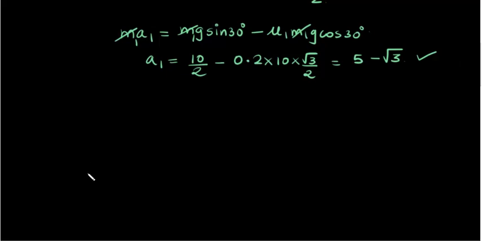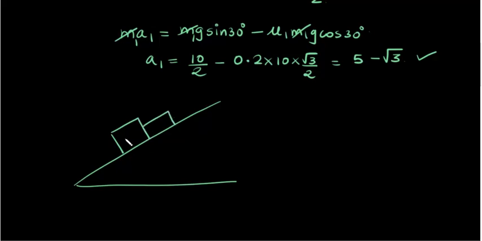So now let me redraw this diagram so it is easier for you to understand. This is the 4 kg block, this is the 2 kg block, right? So the total force down the plane is 4g sin 30 plus 2g sin 30, basically 6g sin 30, because both the masses are moving together.